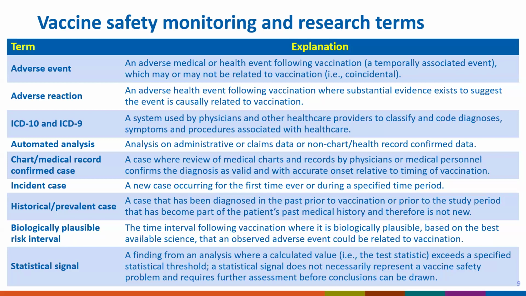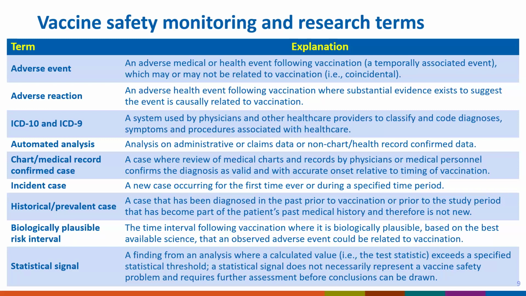We have incident case, standard definition, a medical event that represents the onset of the disease or condition. It's a diagnosis on a specific date. And then prevalent cases, which is a diagnosis representing documentation of an existing condition, which often can only be ascertained after the medical record review.